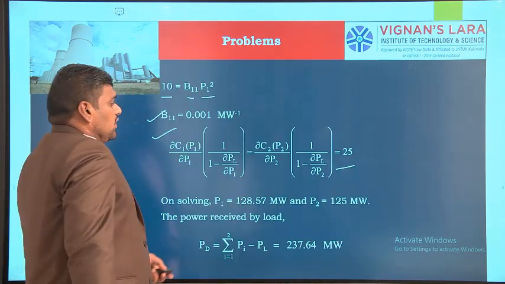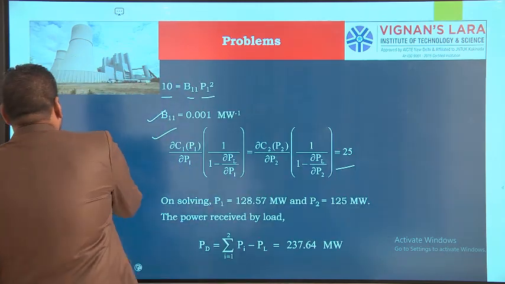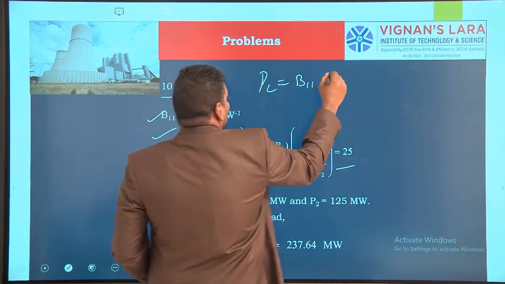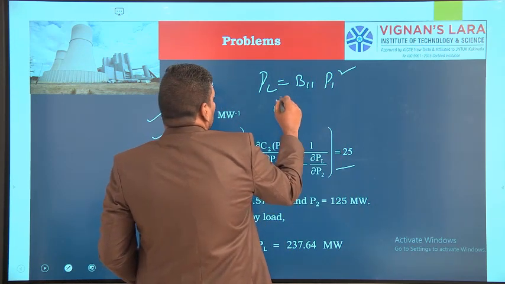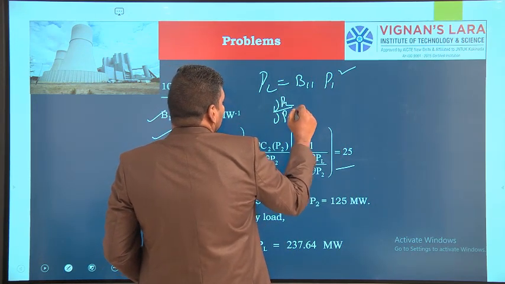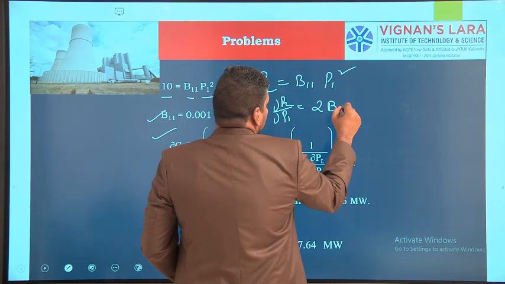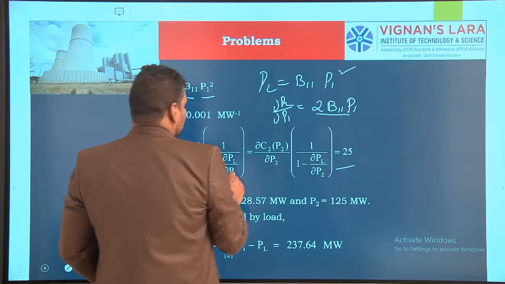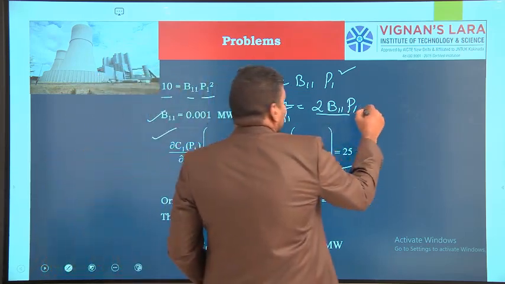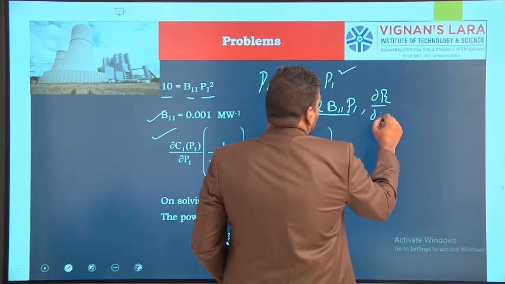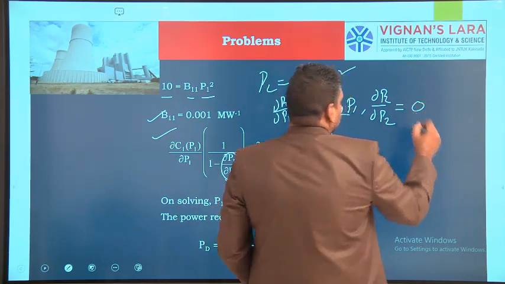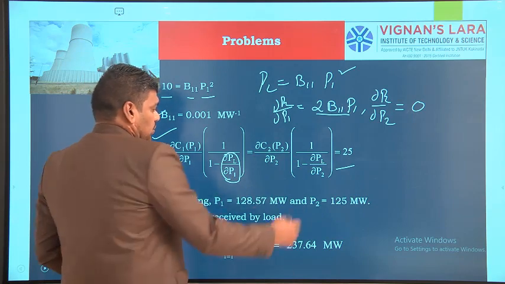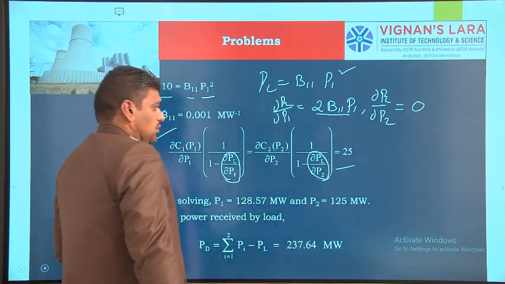PL is equal to B11 into P1 square. Therefore dPL by dP1 is equal to 2 B11 P1. At the same time, dPL by dP2 is equal to 0, since PL is not a function of P2.